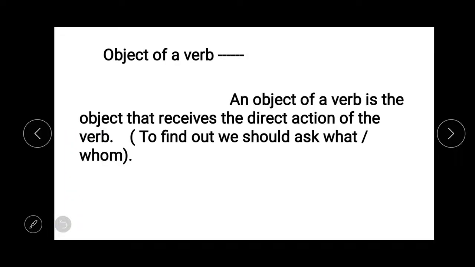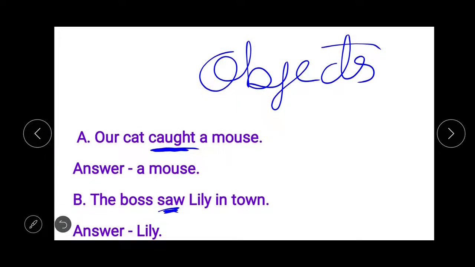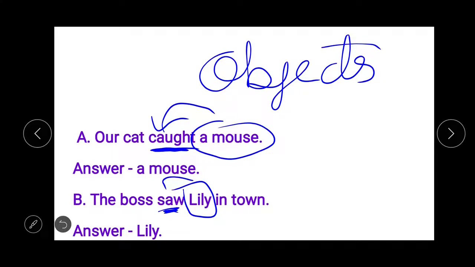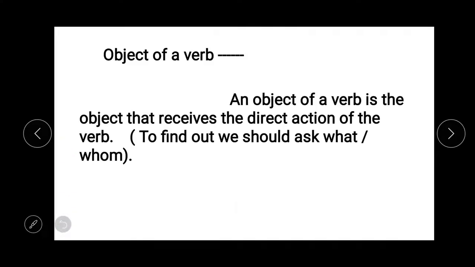An object of a verb is the object that receives the direct action of the verb. You can see that here a mouse and Lily receive the direct action of the verbs caught and saw. That's why they are the objects of the verb.